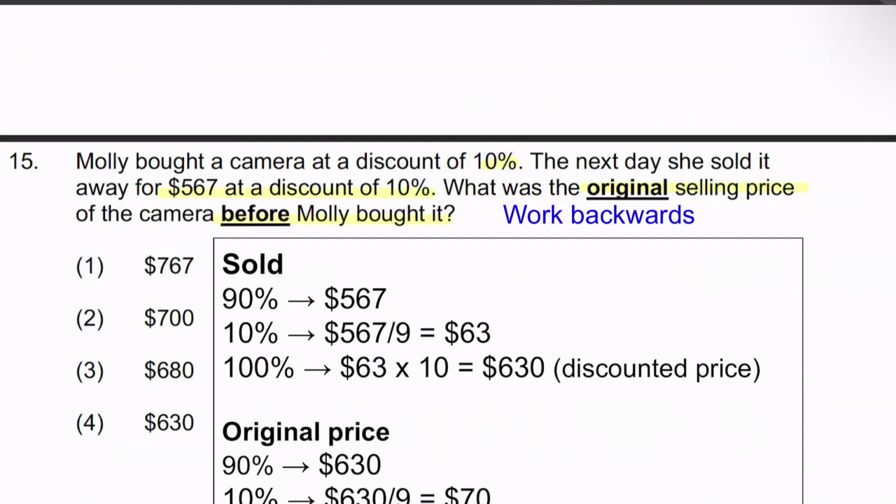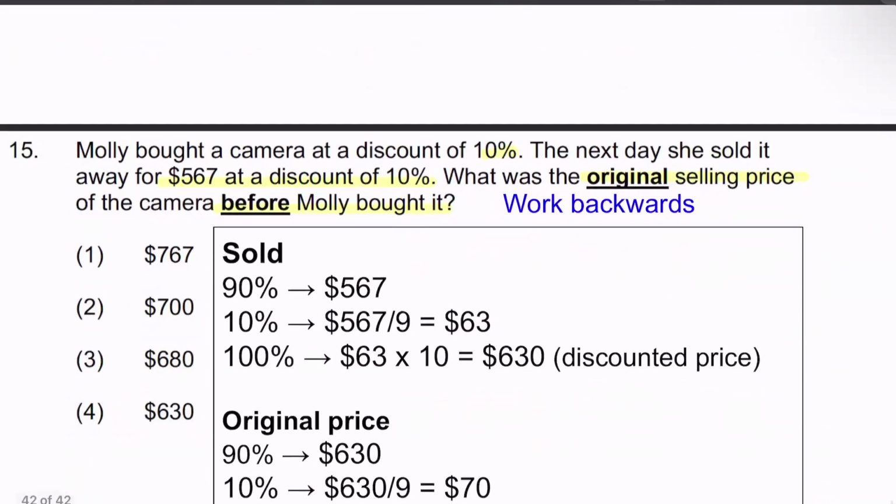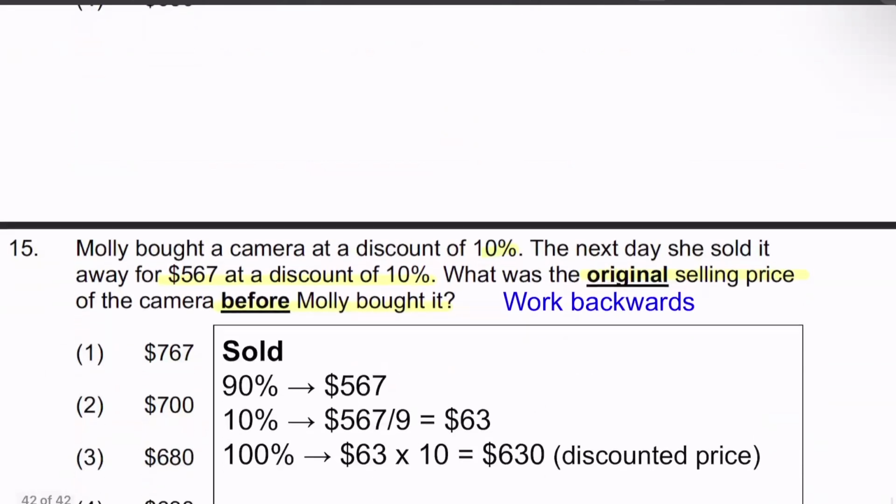So before the discount of 10% here. What we can do is we can work backwards. Why? Because we have a final figure of $567, right? So she sold it for $567 at a 10% discount.